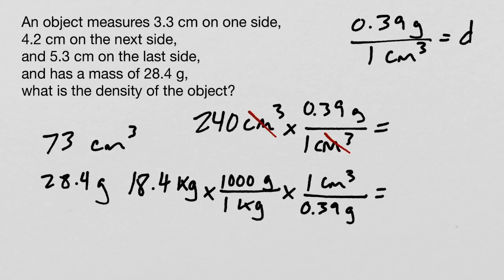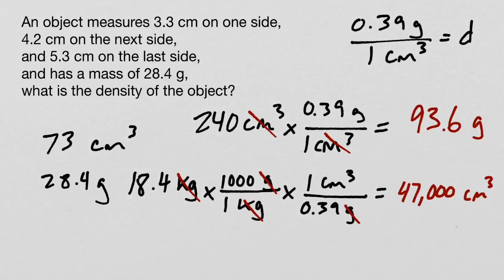Our kilograms cancel, our grams cancel, and we would get an answer: 93.6 grams in the volume to mass conversion, and 47,000 centimeters cubed if we use the right number of sig figs.